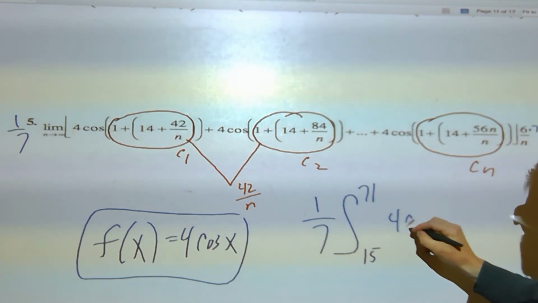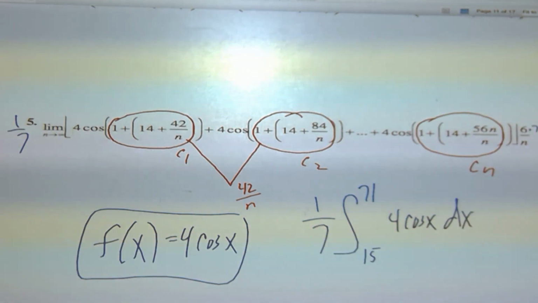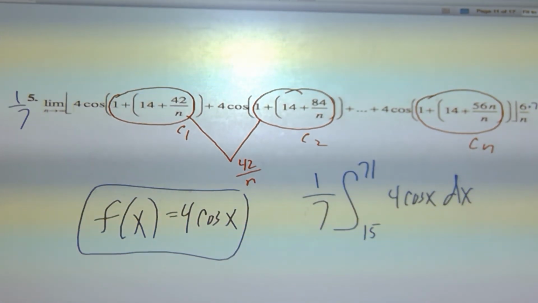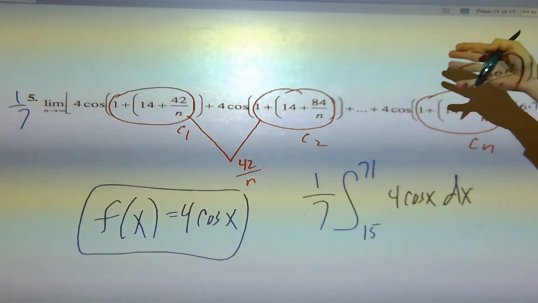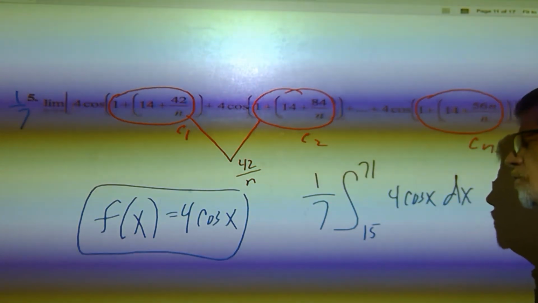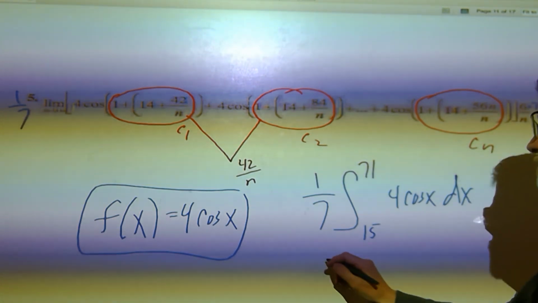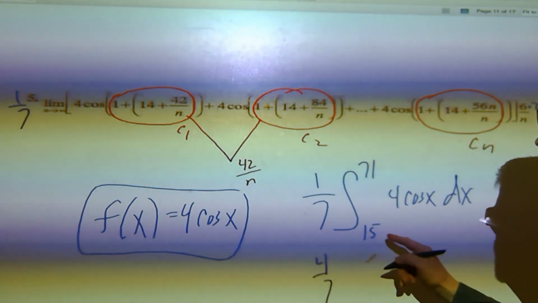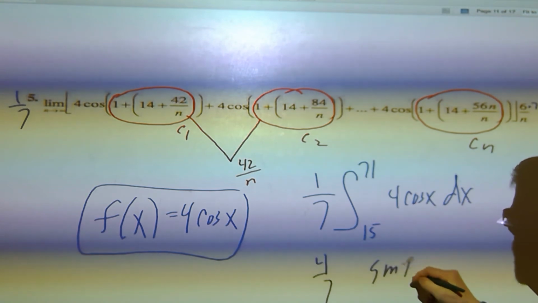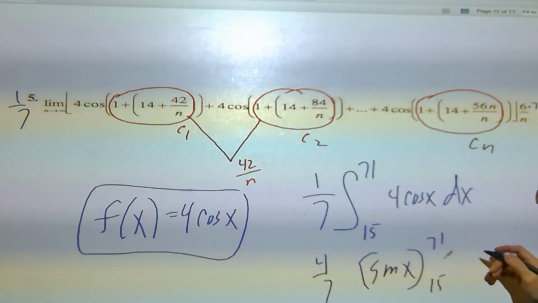So 4 cosine x dx, which, by the way, if this were on the AP test, they might just ask you to find the value of this limit of a Riemann sum. So finding the definite integral would be just really the first step. And then next what you would do is take 4/7 times the antiderivative of cosine, which is sine x, from 15 to 71.